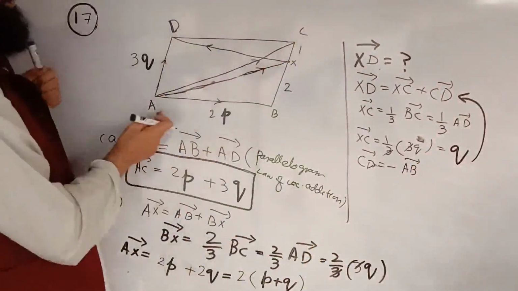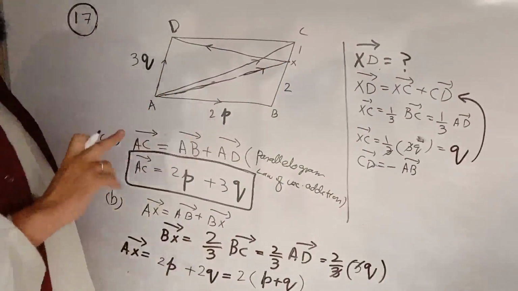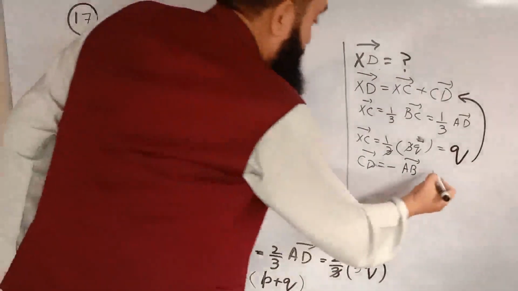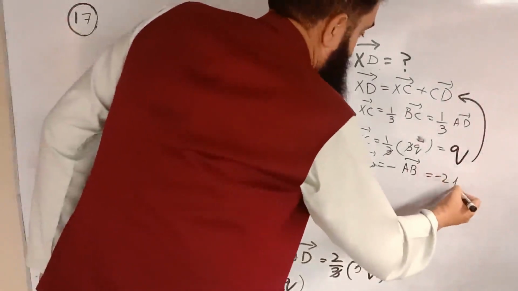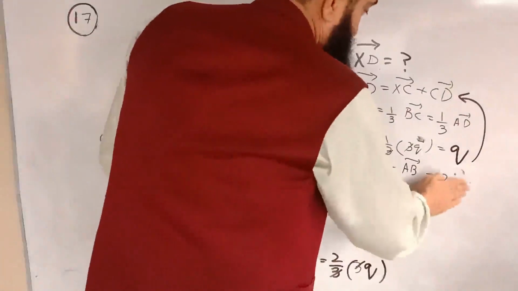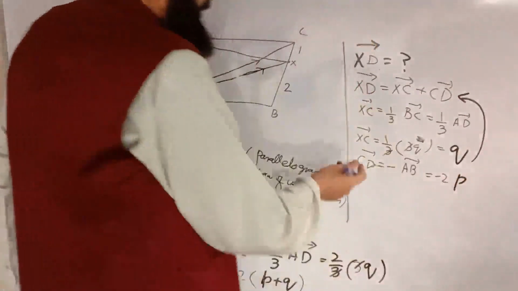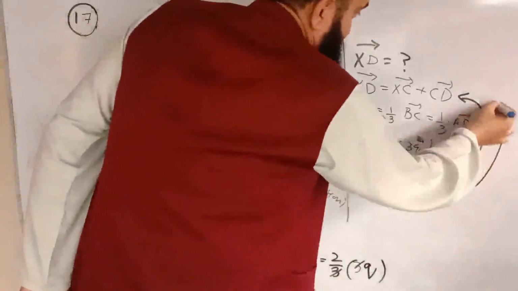CD is equal to BA actually, and we are given AB. AB is 2P. So BA will be minus AB, and this will be equal to minus 2P. I added boldface 2P.